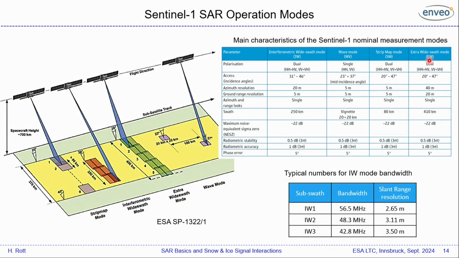And there is also an extra wide swath mode, mainly for the ocean. So this is the advantage of the current satellite antennas. You're quite flexible. You can choose optimum modes for whatever application you need. But of course, you have to agree.